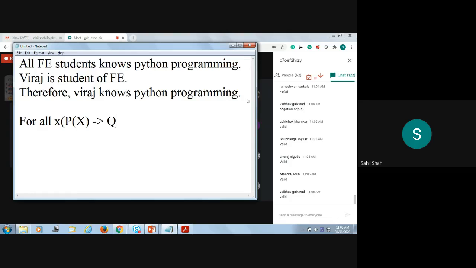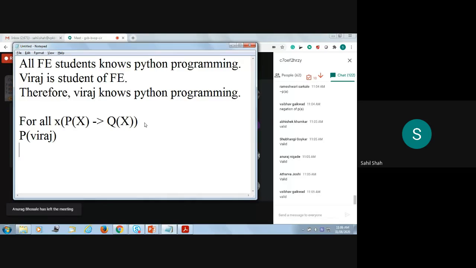Let Q of x denote the predicate x knows Python programming. This is given. So how can I represent this first statement? All FE students know Python programming. For all x, if a student is of FE, then he knows Python programming. For all x, P of x conditional Q of x. What is second? Viraj is a student of first year. This is specific. P of Viraj.